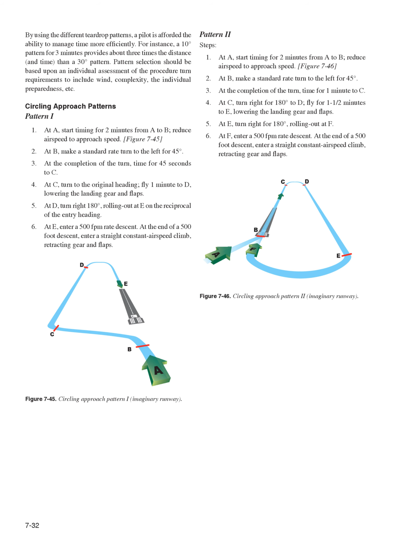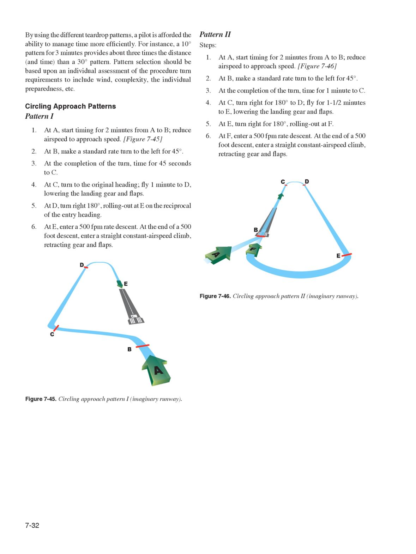Figure 5-45-1. Pattern 2 steps. 1. At A, start timing for 2 minutes from A to B, reduce airspeed to approach speed. Figure 7-46. 2. At B, make a standard rate turn to the left for 45 degrees. 3. At the completion of the turn, time for 1 minute to C. 4.